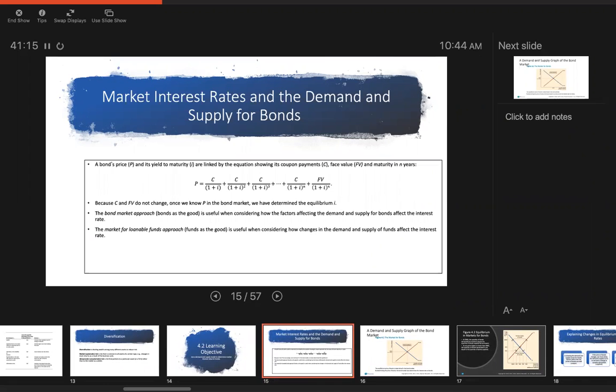Now, when we talked about bond pricing, we began with this bond pricing equation. So the price of a bond, the fair price of a bond, is the discounted present value of its future cash flows.